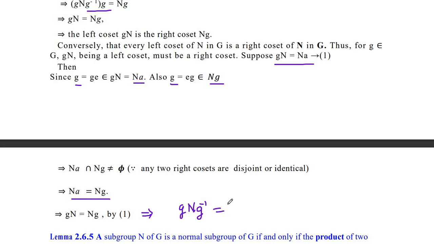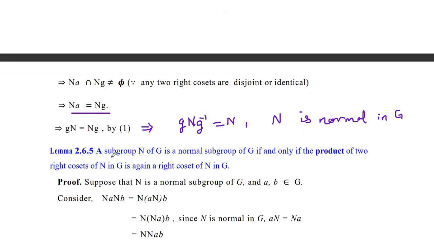Therefore N is normal in G, so this by the previous lemma implies that N is normal in G. In the first one we have just gNg inverse equal to N, implying N is normal in G. Here every left coset is a right coset, which in turn gives gNg inverse to be equal to N, and hence N is normal in G.